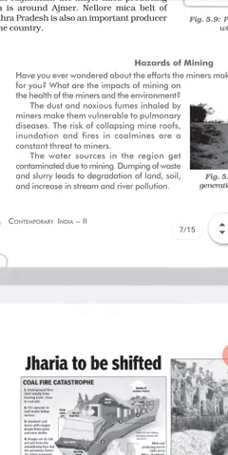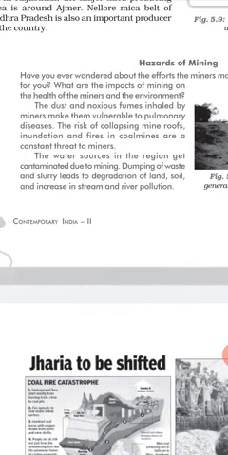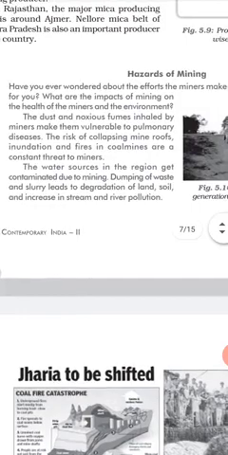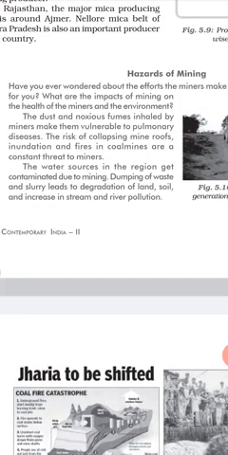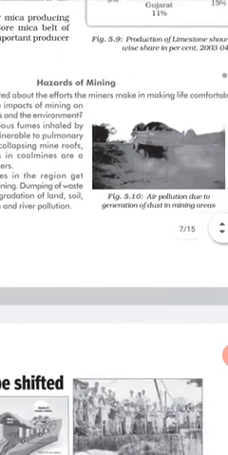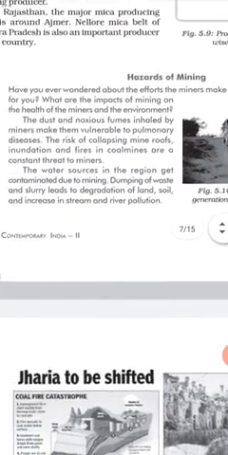Now students, these minerals are taken out through mining, so there are some hazards. Hazards means drawbacks or negative impact of mining. Have you ever thought over the efforts of miners who make life comfortable for us?